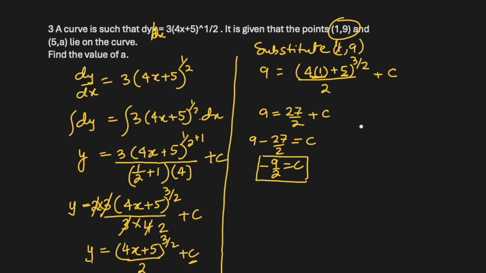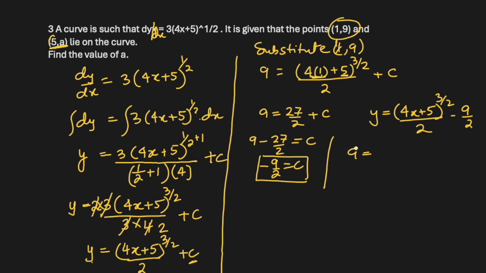So our equation becomes, what was the equation? This was the equation. The equation becomes y equal to (4x plus 5) to the power 3 over 2, over 2, minus 9 over 2. Okay, this is what our equation is. Now we have to find a. So we'll substitute 5 in place of x and we'll get a. A will be replacing y.